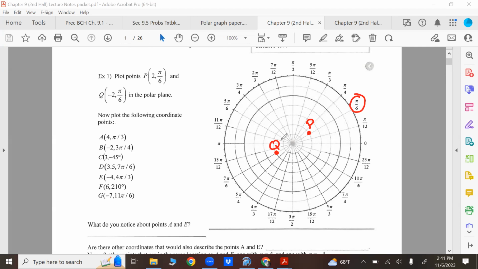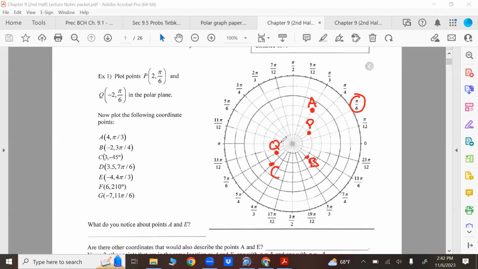So for example, point A would be pi over 3 and 4. Sometimes I lose count with these concentric circles. That's A, right? 1, 2, 3, yep. Point B, 3 pi over 4, but you've got to go negative 2. Point C, negative 45 degrees, but 3. Then 3.5, 7 pi over 6.